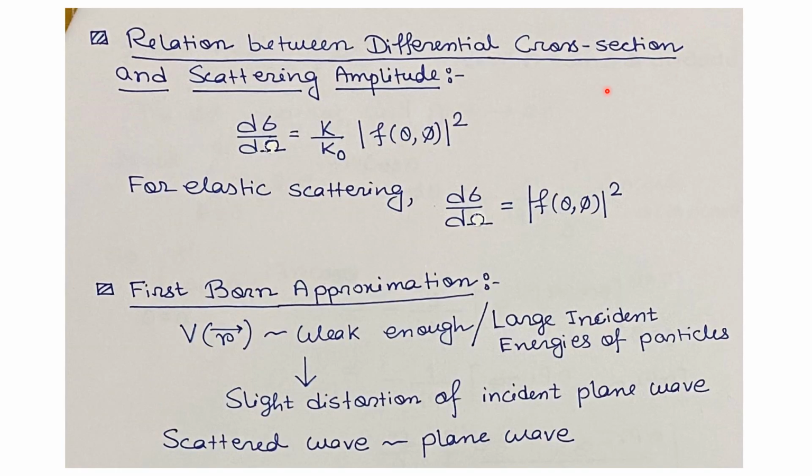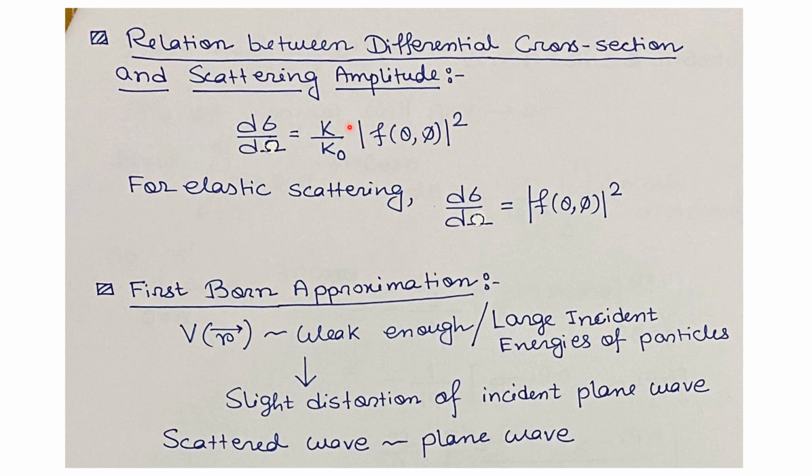Now, what is the relation between the differential scattering cross section d sigma d omega and the scattering amplitude f as a function of theta, phi? The relation is d sigma d omega equals k by k naught times mod square of the scattering amplitude f as a function of theta, phi.